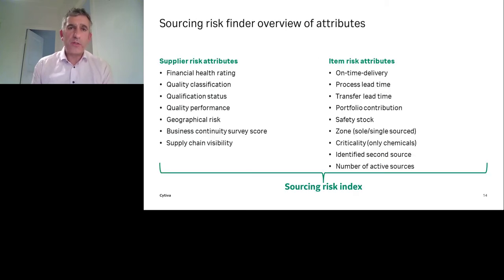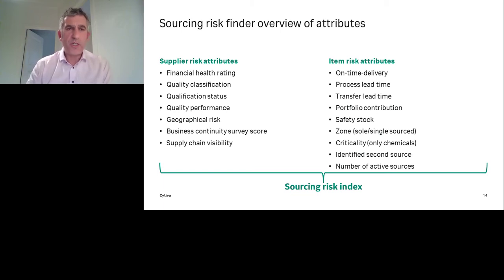So the Sourcing Risk Finder, I said it uses more than 20 risk-based attributes, and here are some of them. So we look at suppliers' financial health. We look at various attributes related to quality, whether the supplier is residing in a geographical risk zone, and this could be a political risk, but also perhaps more obvious geographical risks, such as if a supplier is located in an earthquake zone, for example.